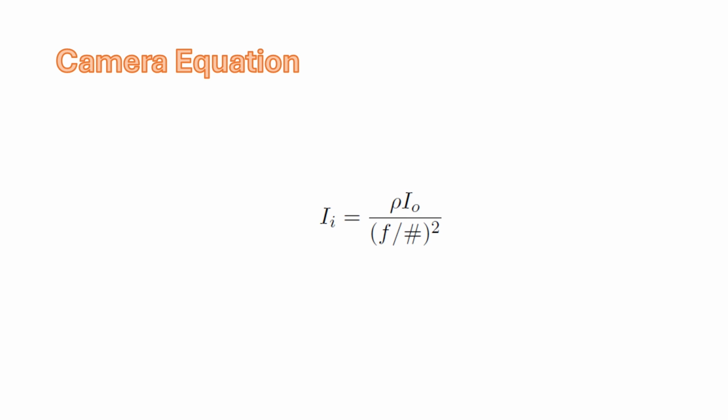Of course, theta could have some tilt in general, but we assume it's a constant. And so then we get the simple form of the camera equation: the irradiance, the energy per unit area striking the focal plane, is the irradiance striking the object, I naught being the illumination irradiance on the object, times the reflectance divided by the f number squared.